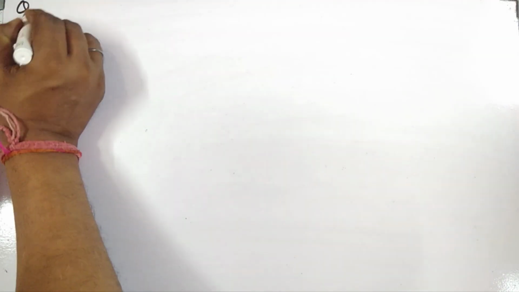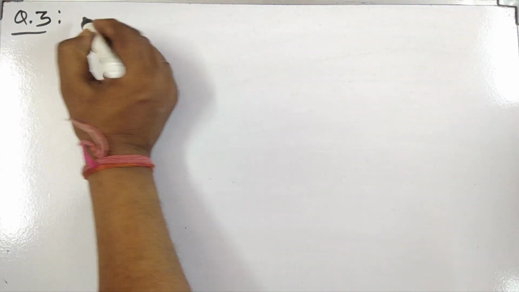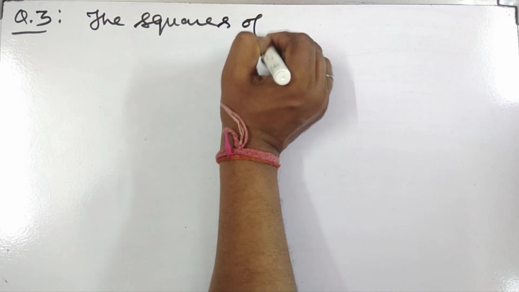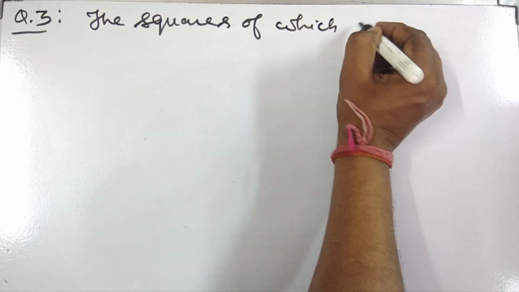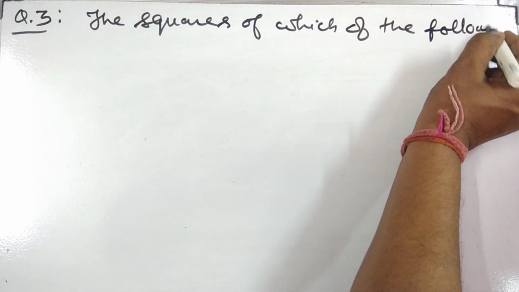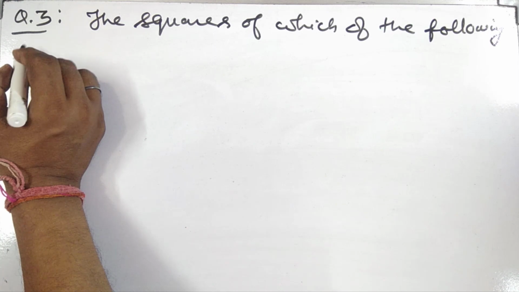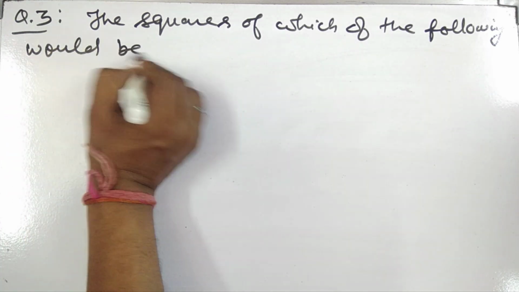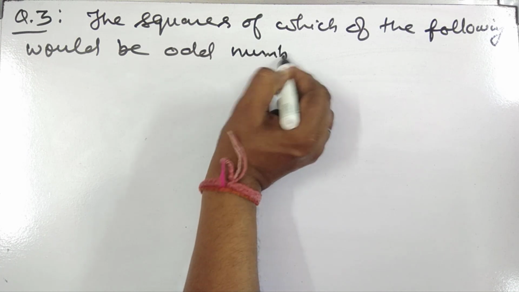Question number 3, students. The square of which of the following would be odd numbers?